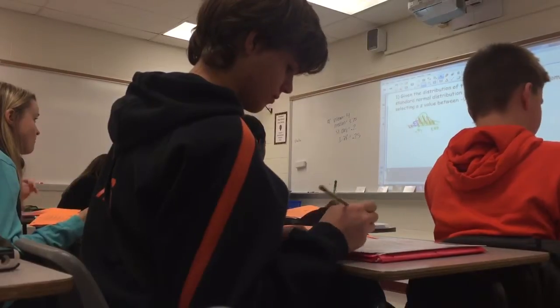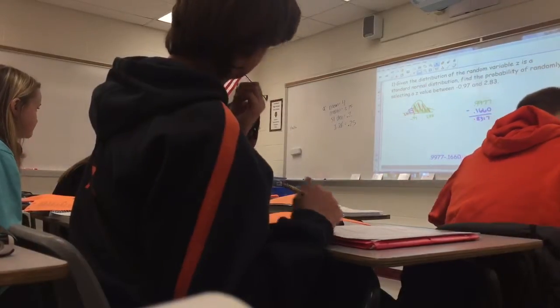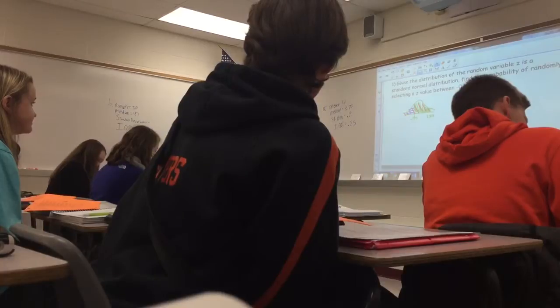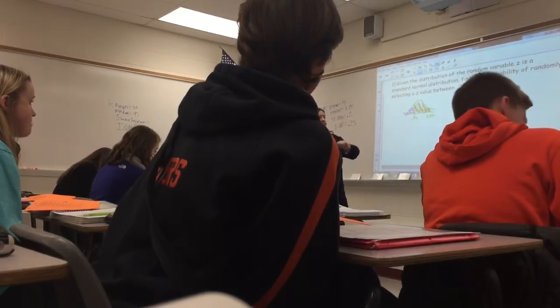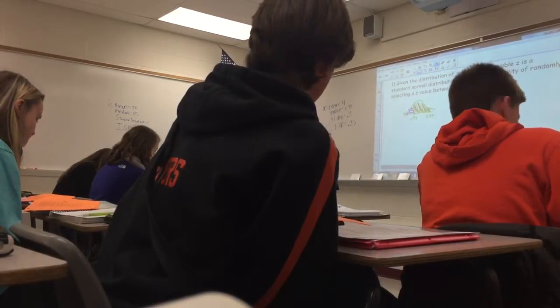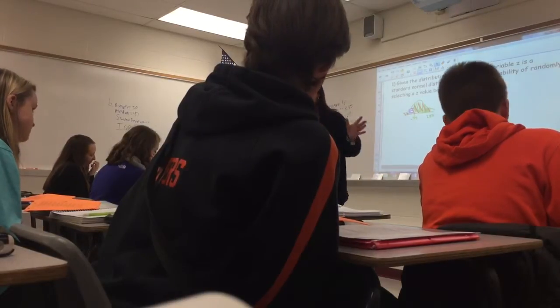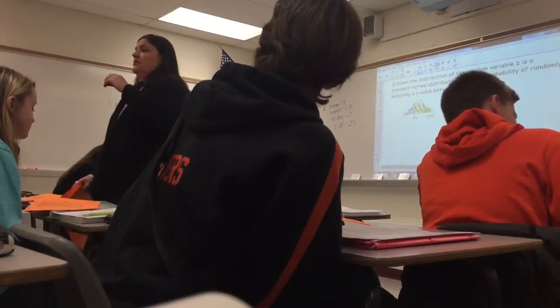Must be the answer down here somewhere. 0.8317 is the probability that if I just randomly select a value on the normal curve between negative 0.97 and 2.83, 0.8317 or 83.17%. Yes?